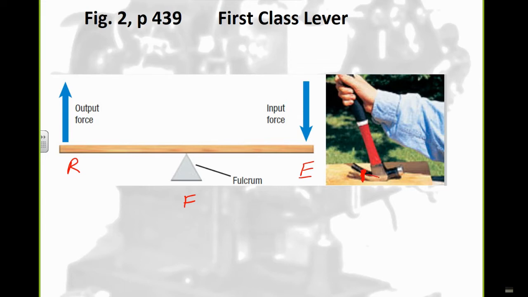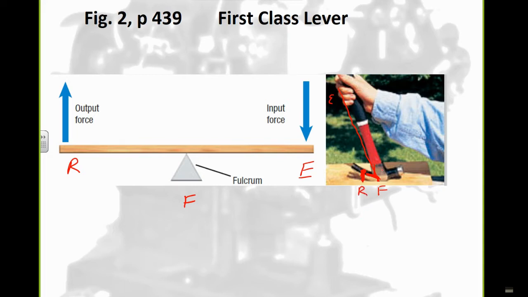And so our resistance arm is this tiny little distance between our nail and where the hammer is going to be rotating around the axis. Now the effort arm is this arm here, right? As you are looking at where my handle is being pulled on. That's the effort, right? So my effort is up there. My fulcrum is in the middle. My resistance is right there.